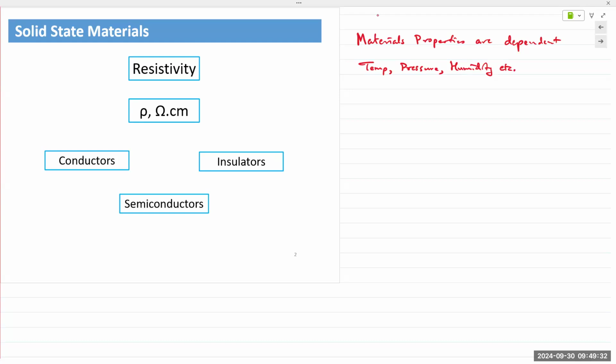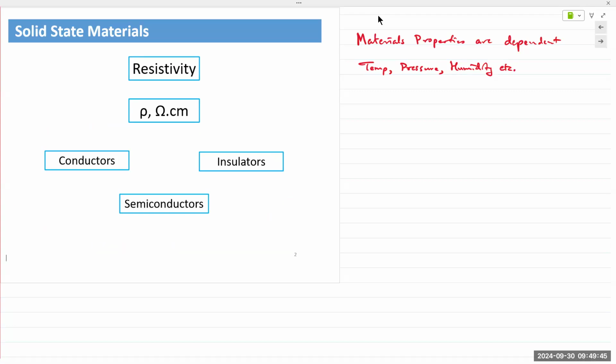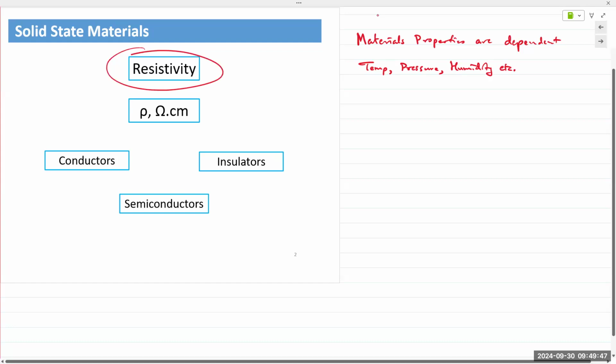When it comes to electronics and electronic devices, we are using specific materials, and we have a broad classification of conductors, insulators, and semiconductors. And the material property that we are interested in is resistivity. Resistivity is highly dependent on temperature.